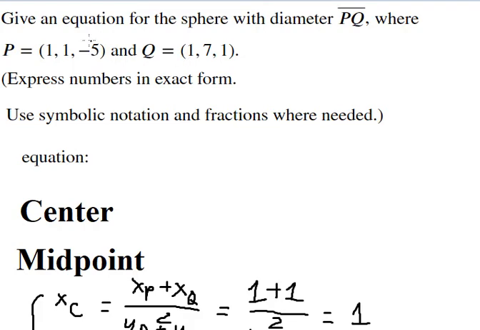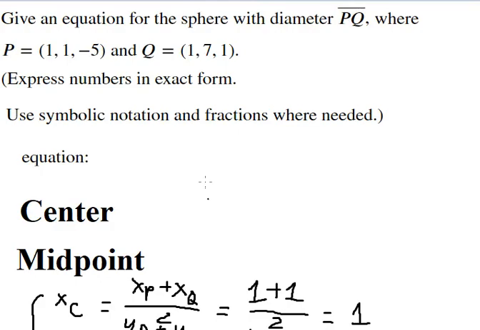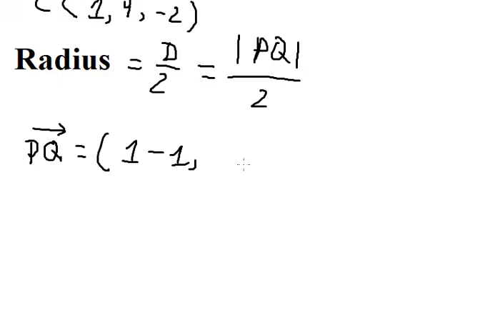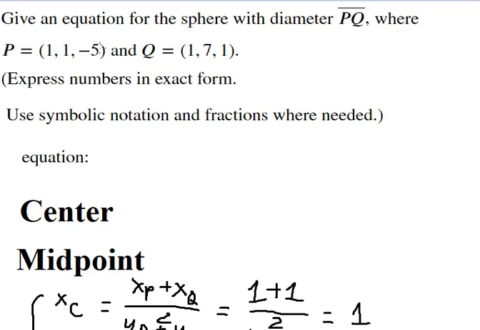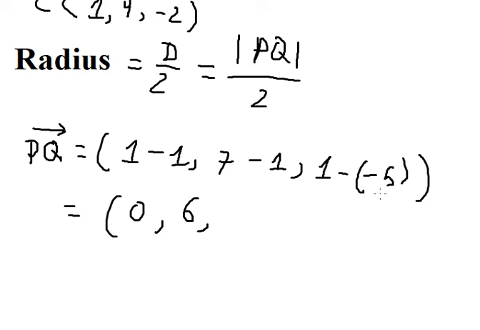So we have 1 minus 1, 7 minus 1, 1 minus negative 5. So this one we have 0, 7 minus 1 we have 6, and 1 minus negative 5 we have 6.